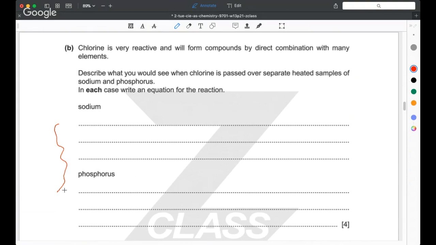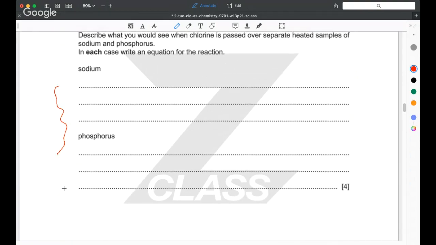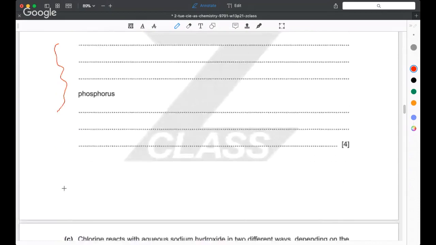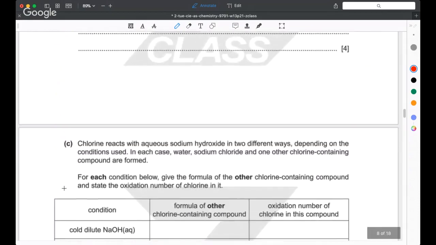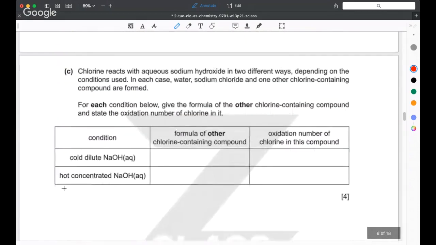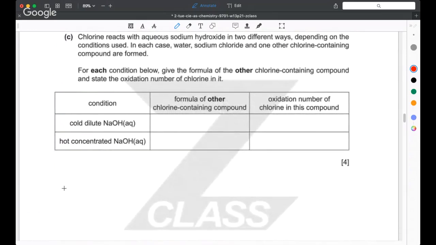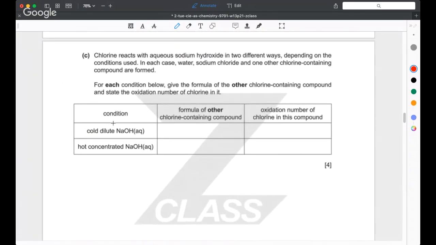There's nothing really here that you can work out from first principles. These are just things that you've learned during your revision and are being asked to recall on demand during the exam. Similar for this next question here, you need to know the reaction of chlorine with dilute sodium hydroxide.